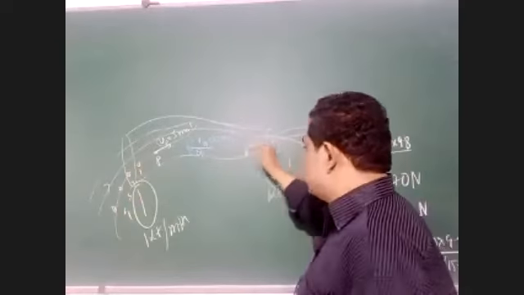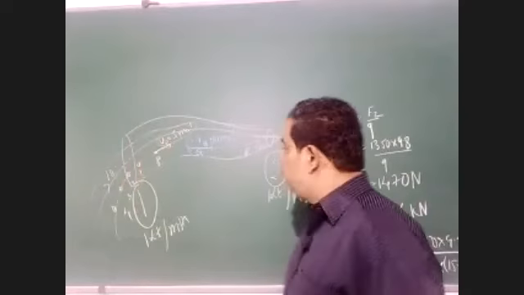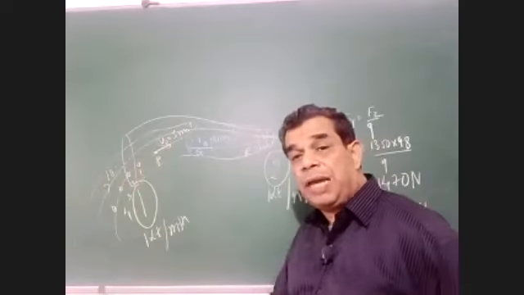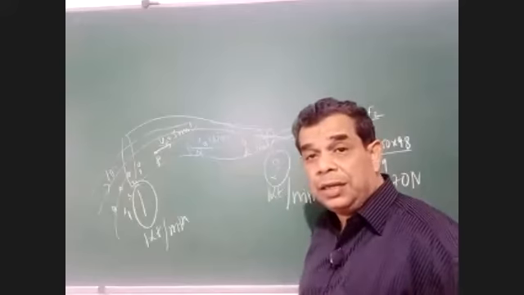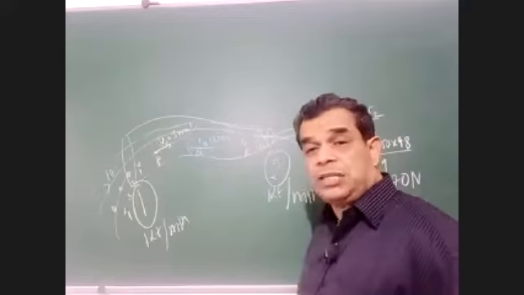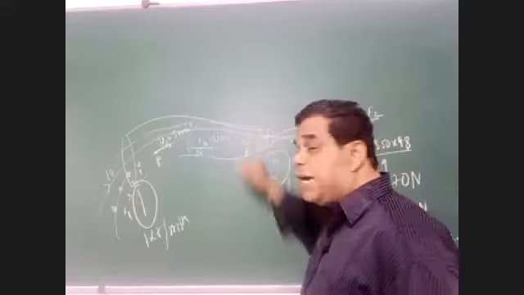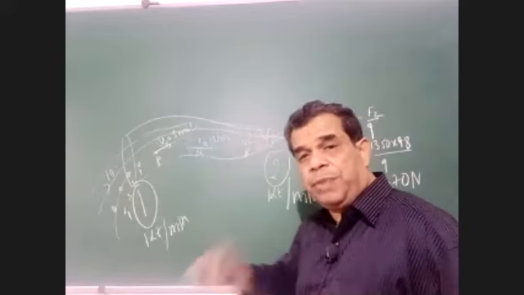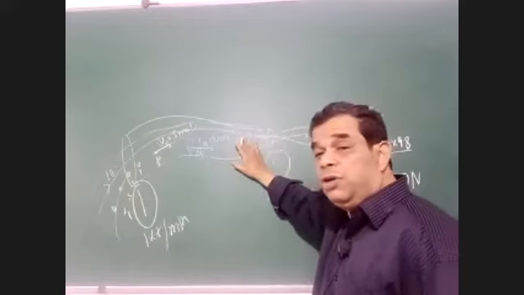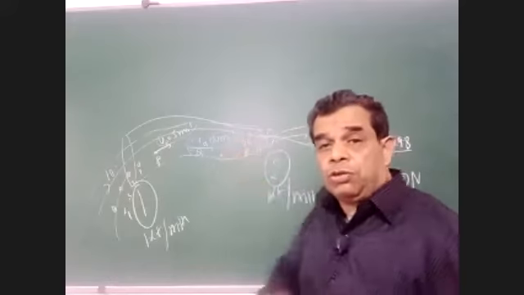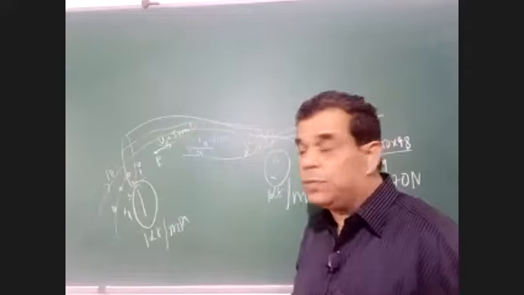If 10 particles enter here in 1 second and only 8 come out, what will happen? 2 may be retained. Then streamline flow or steady flow is not possible, because somewhere they are getting accumulated. That's not possible. One behind the other, they have to move. That's why in streamline flow there is no question of stopping or turning back, what we call rotational, which we will think of later.